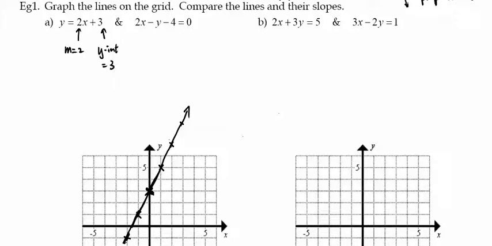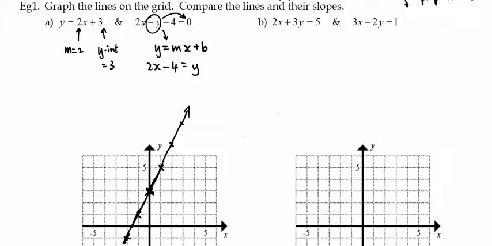Second equation, they have it in general form. I can rearrange the terms and come up with the slope and the y-intercept by changing it back into y equals mx plus b. Seeing how we have a negative y in this equation, if I bring it to the other side, I will end up getting a positive y on one side, and the rest of it will stay on the left-hand side.